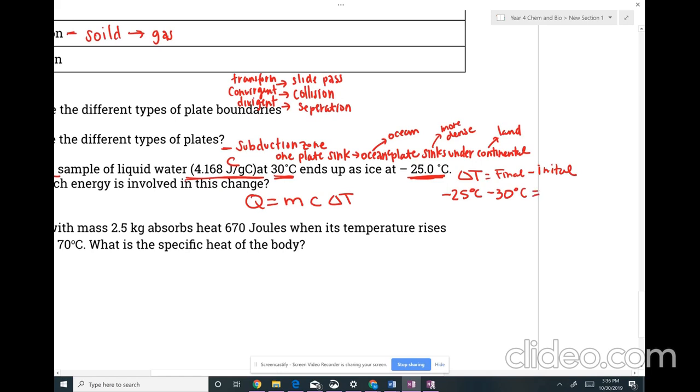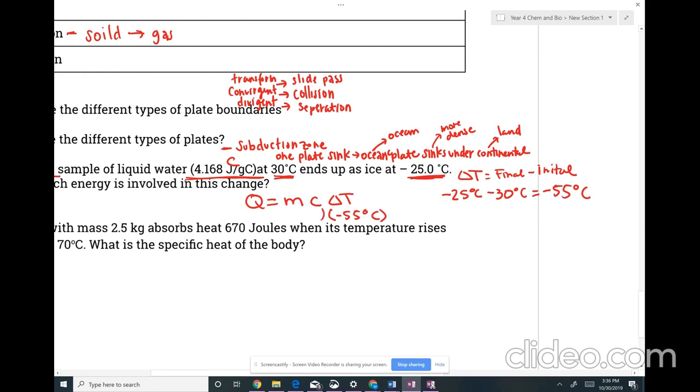And again, I'm looking for my delta T, so I'm going to subtract those two numbers from each other. I'm going to have negative 25 minus 30. When you do this, you should get negative 55 degrees Celsius. That will be your trickiest part on here.